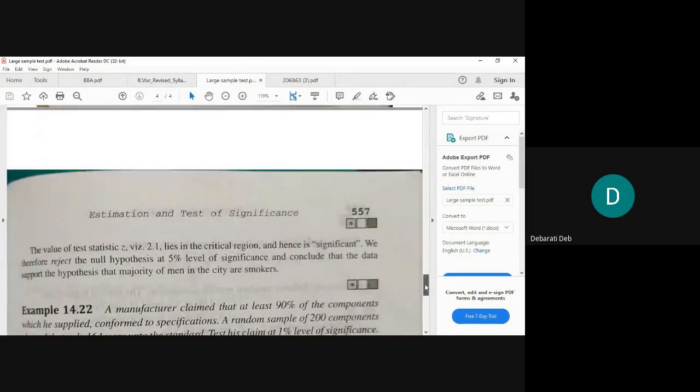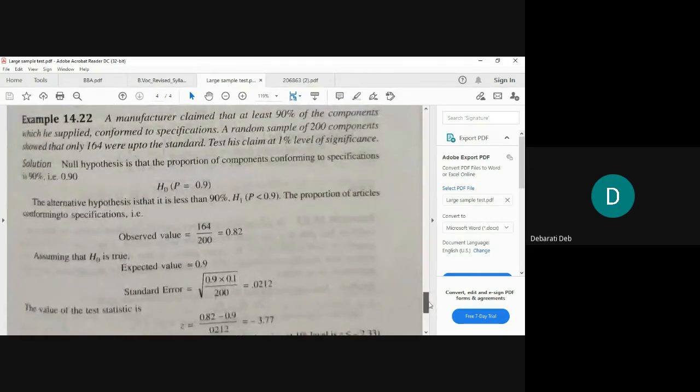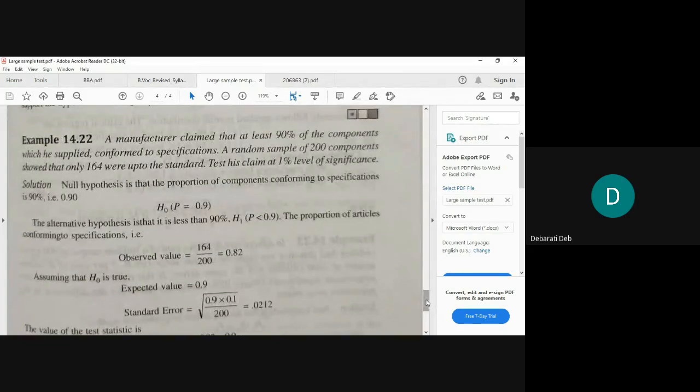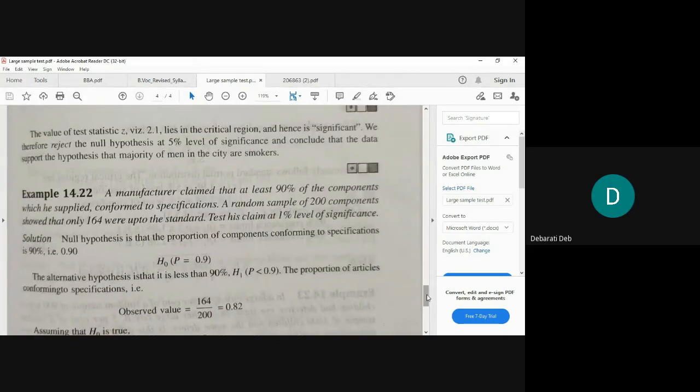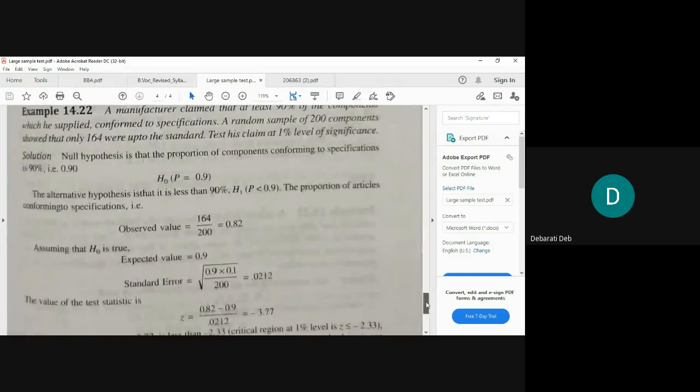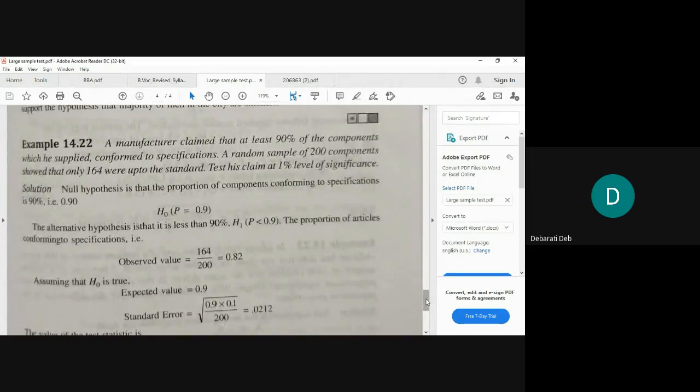Minus 2.33, okay? Alright, so here it is said that the manufacturer claims that at least 90% of his items which he supplies are up to standard. A random sample of 200 components was taken and tested for quality.